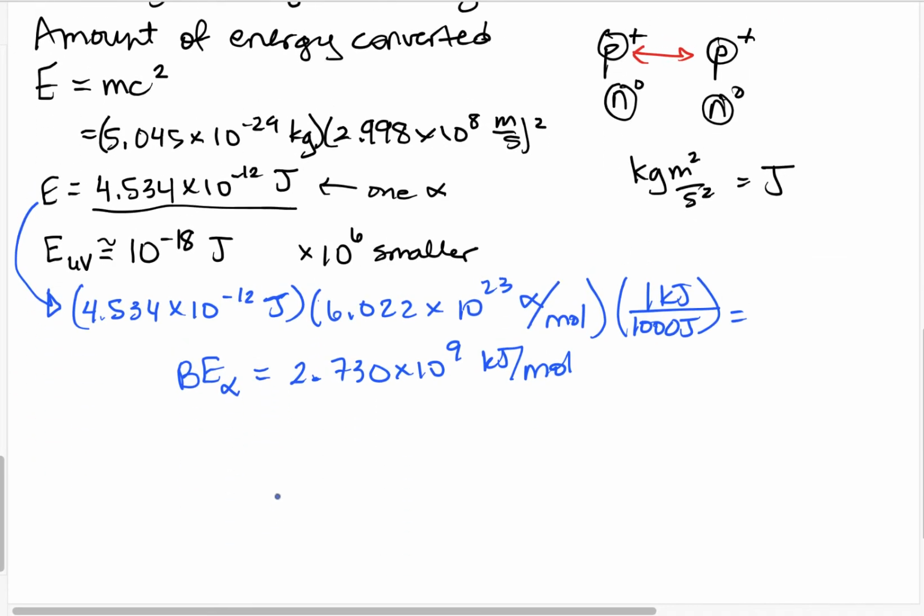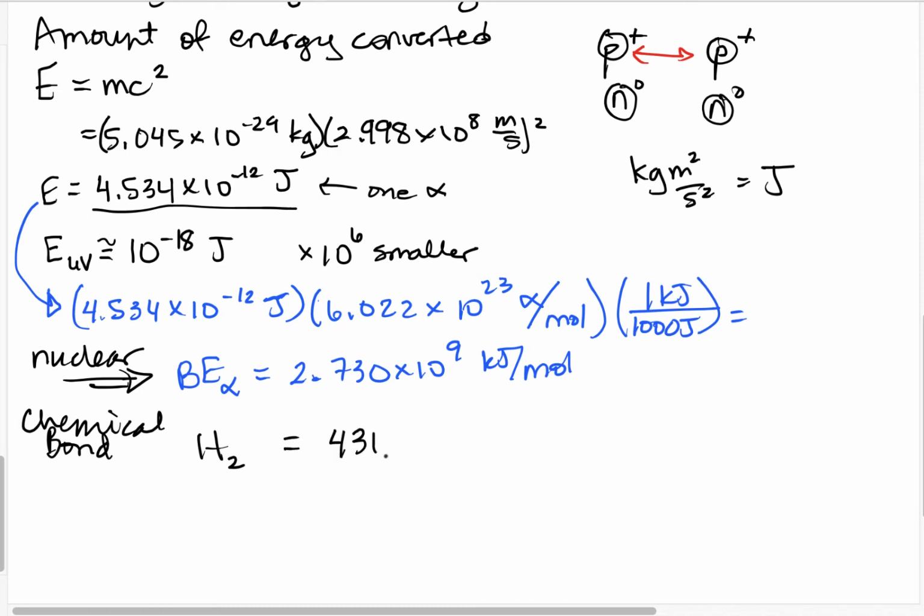And remember that the chemical bond holding something like hydrogen together, so this is a nuclear binding energy, and this is a chemical bond holding hydrogen together. This is 436 kilojoules per mole.